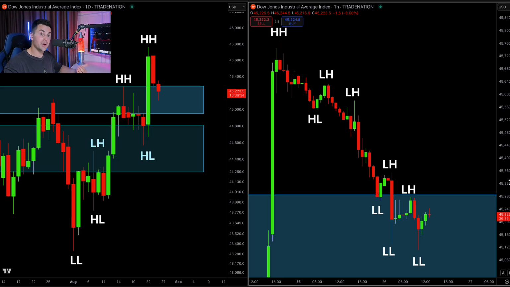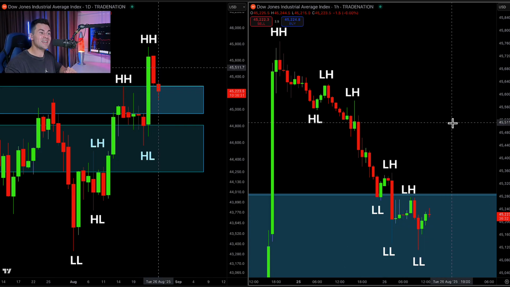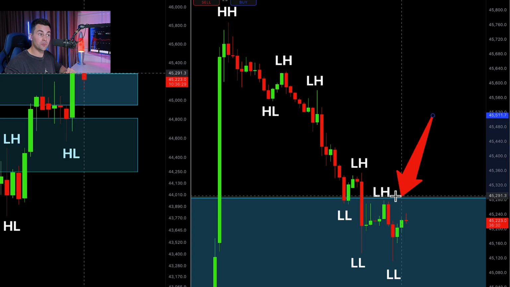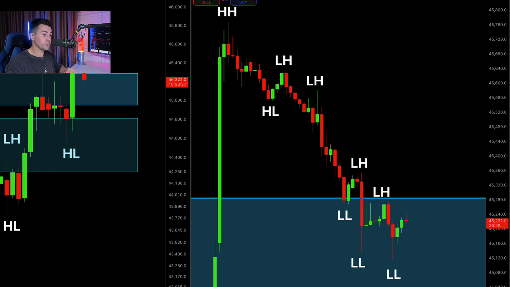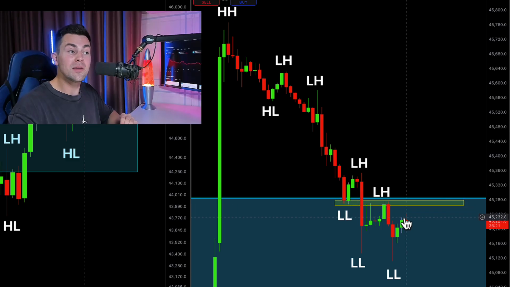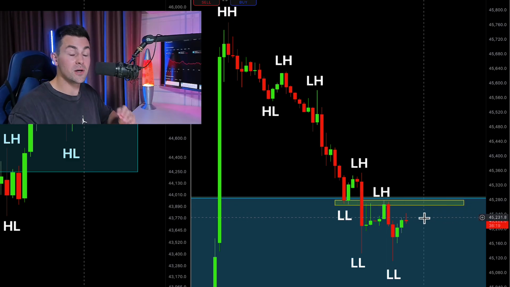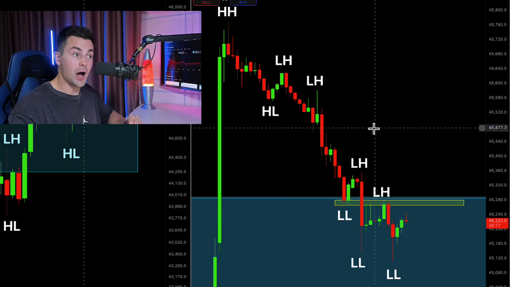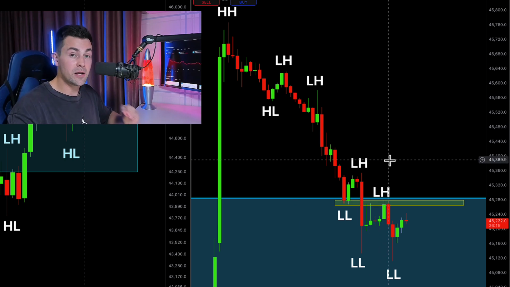According to classic SMC ICT rules, the last lower high in a bearish trend is a very important structure. That is a very important zone that we should always pay close attention to. While the market is trading below that zone, the market remains bearish. Our intraday trend remains bearish.